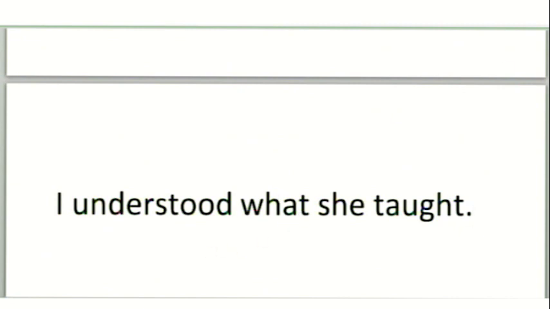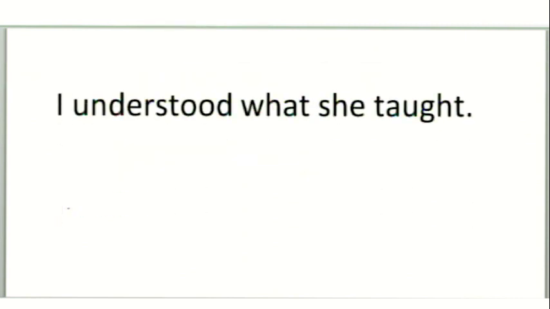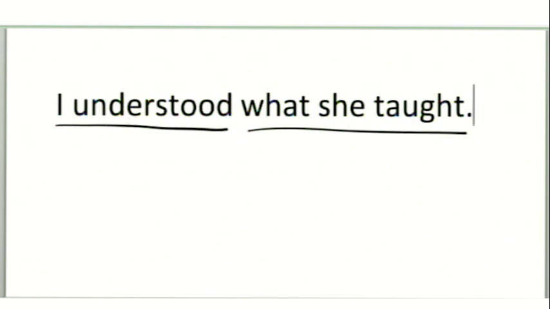Once again, we have two clauses here. We have I understood. It makes a complete thought. What she taught. What has it done? So it is incomplete. We don't get the meaning until it is linked to the main clause, which is I understood.